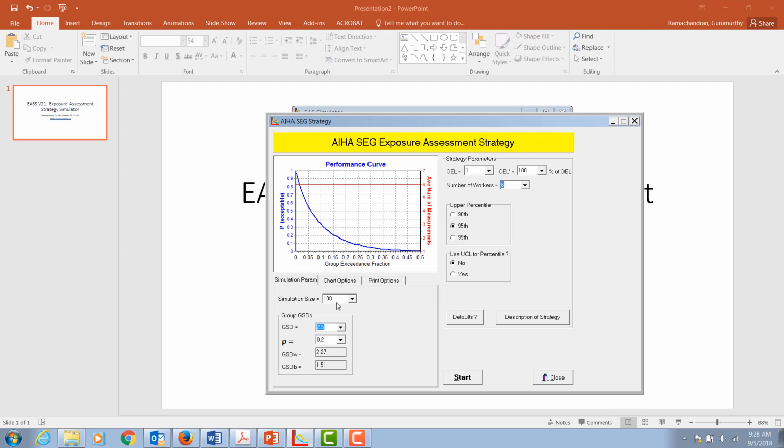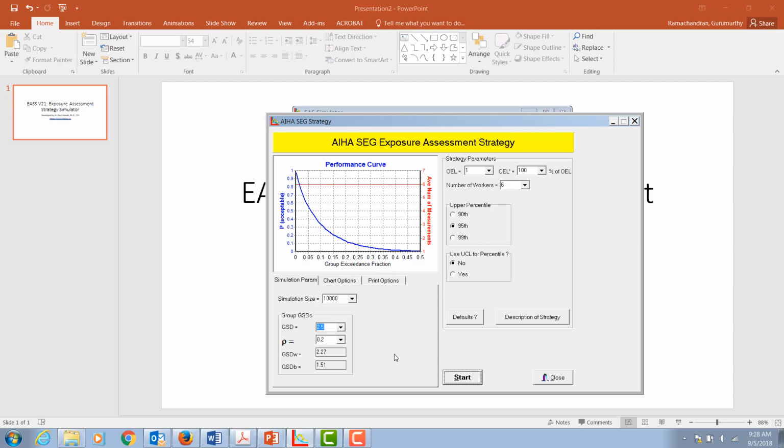So let's run the simulation with a simulation size of 100. We can see there is a jagged look to the curve, so we can increase our simulation size to 1000 and run it again. It is a much smoother curve, and when we run it at 10,000 we get a really smooth curve.